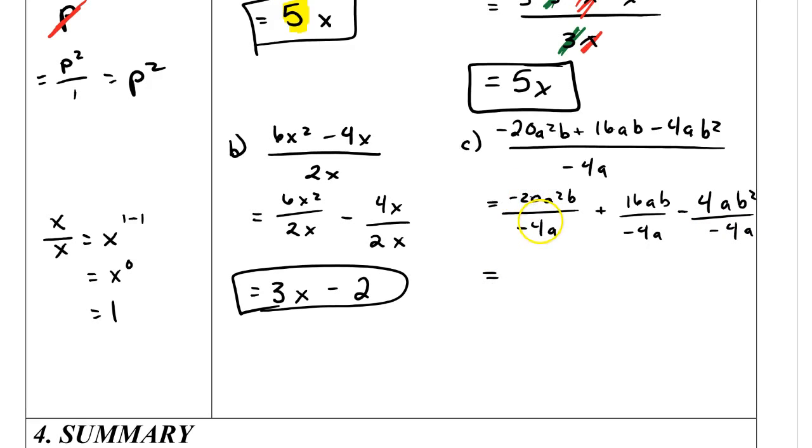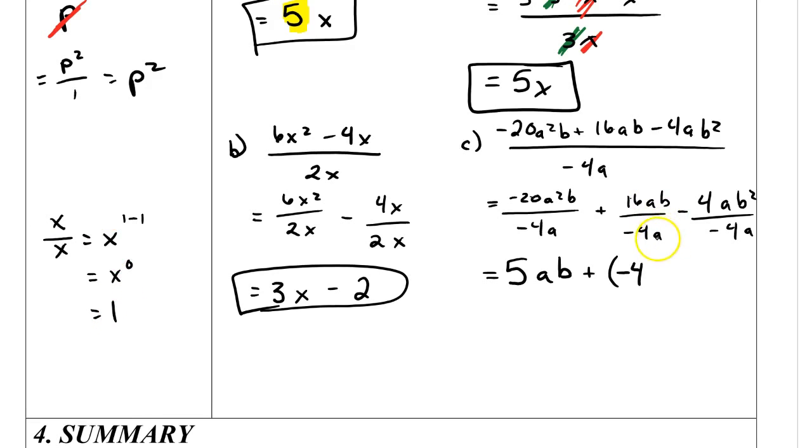So, negative 20 divided by negative 4 is 5. A squared divided by a is simply a, and we still have a b left over. Plus, I'm going to put this in brackets because it's going to be negative. 16 divided by negative 4 is negative 4. A divided by a, remember here x divided by x is 1.